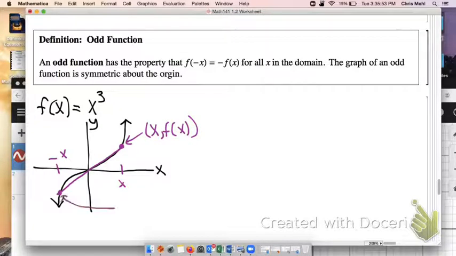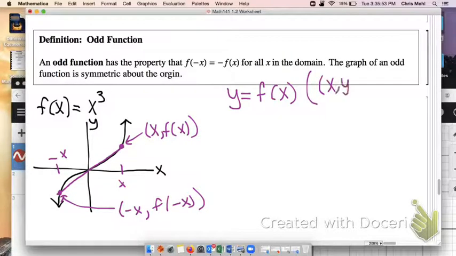This point over here has coordinates minus x, f of minus x. And to be an odd function, it's just saying that f of x and f of minus x are opposite in sign. So again, if I say y is equal to f of x, that's saying that x, y is on the graph.